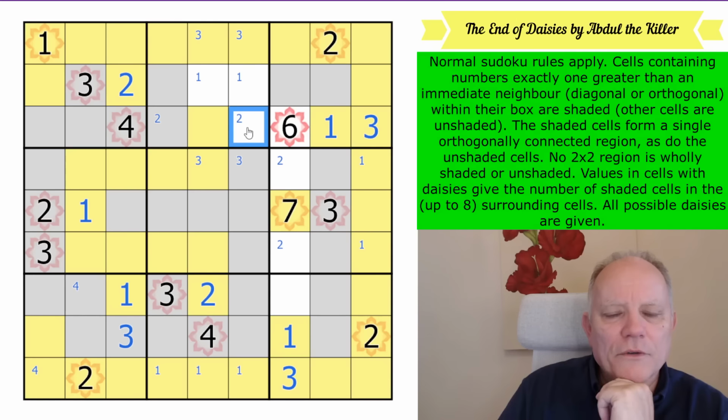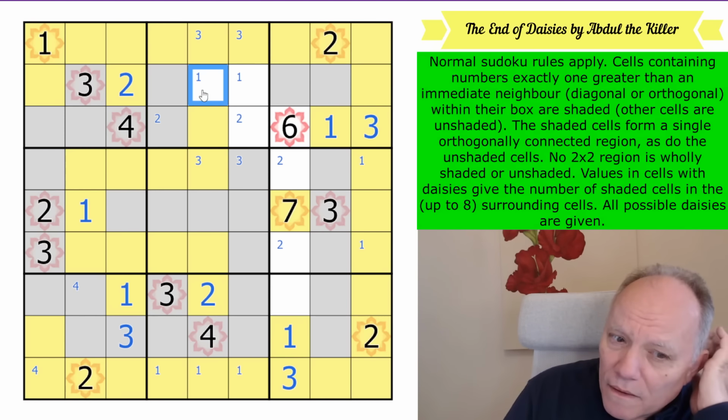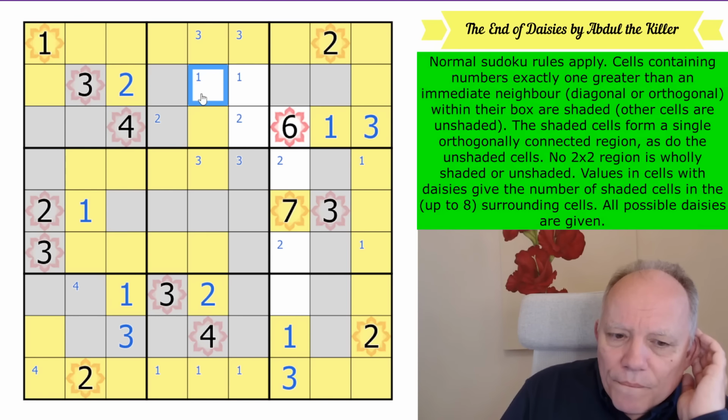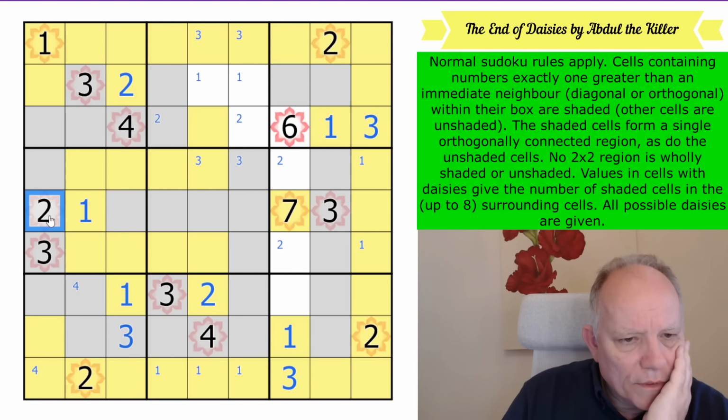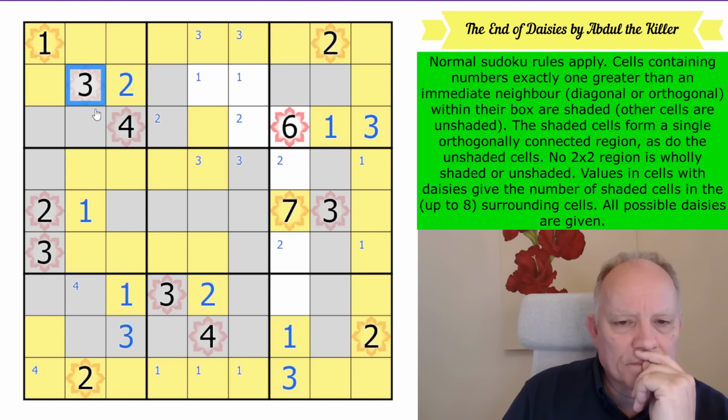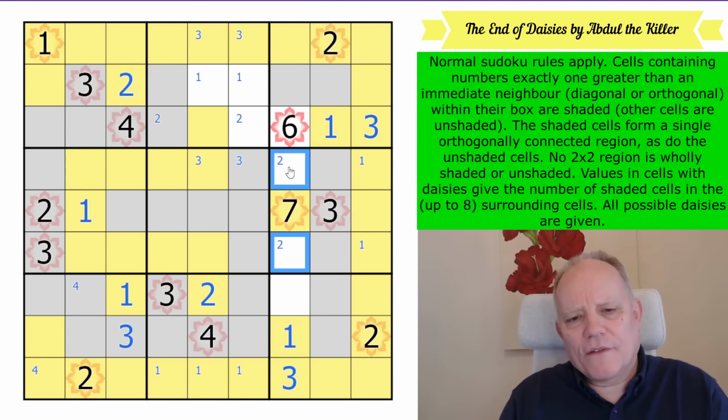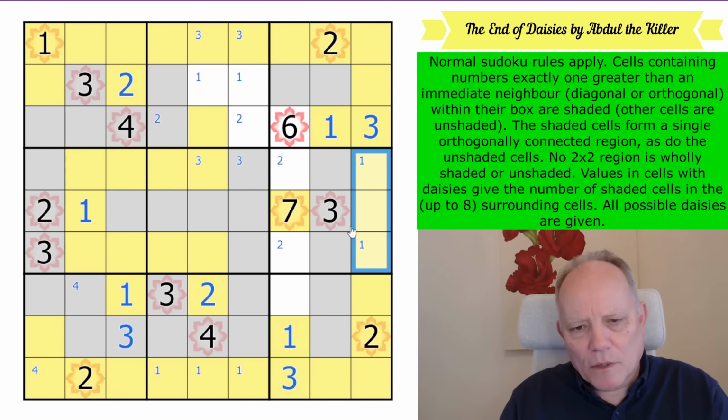Now, if that's a 2, it's definitely grey. If that's a 2, that's a 1. I don't know how to use that. That 3 is touching its 2. What do I do next? This 2 here is definitely not touching its 1 in the box, wherever it is.